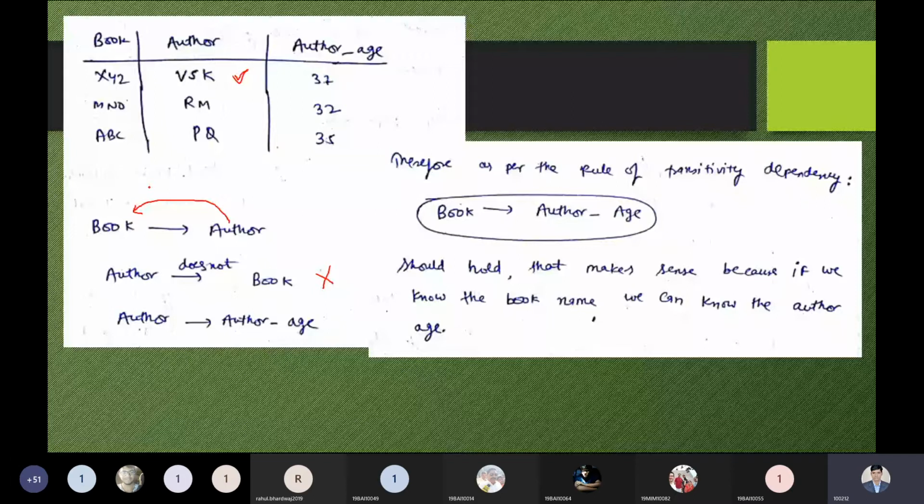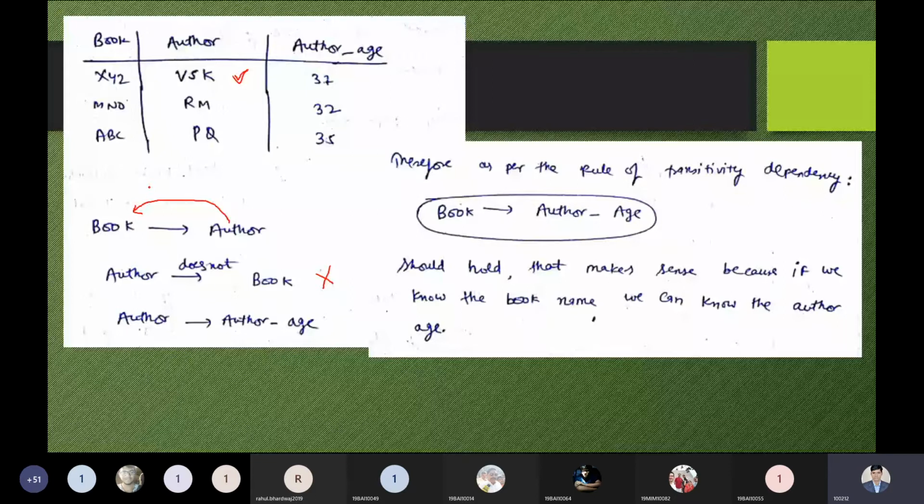So we have the author's age, which depends on the author's name. This information, the author's age, depends on my name. So we can say 35 is a value of the author age attribute, and this value is determined by, or depends on, the author name, that is PQ.